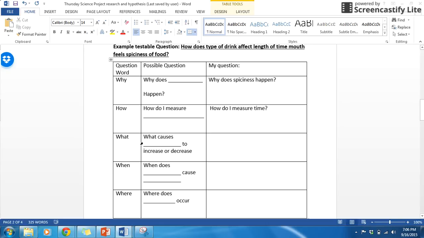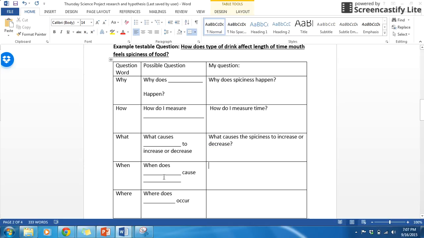My next question, what causes blank to increase or decrease? Well, I know that I'm all about the spiciness and the time it stays in my mouth, so my question would be, what causes the spiciness to increase or decrease? Another good question is when.